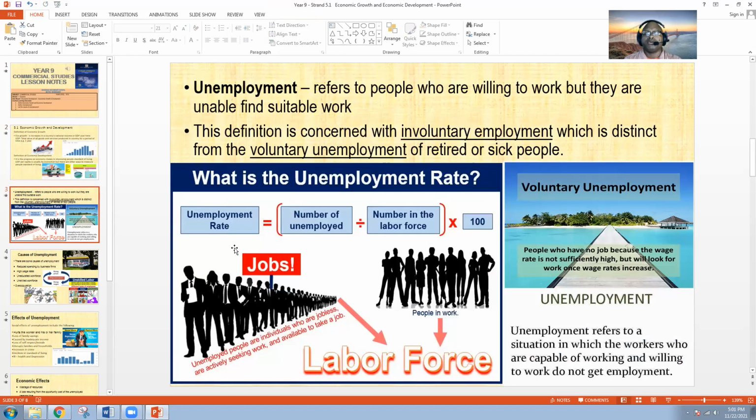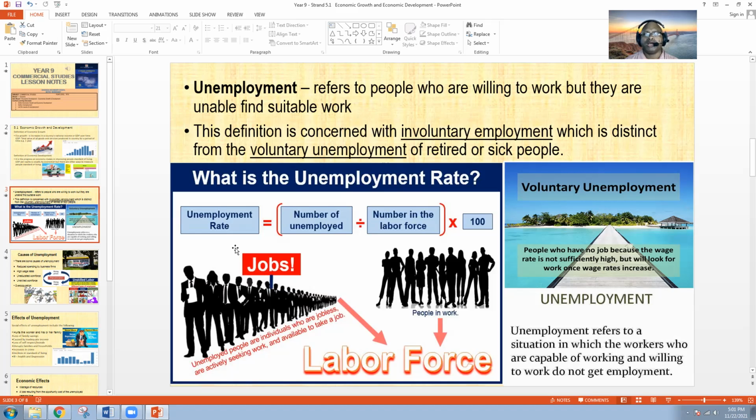is unemployment. Unemployment is one of the measurements of development, where people are having work and are able to satisfy their needs and wants through the production of goods and services. Unemployment refers to those people who are willing to work but unable to find a job, which is the definition of involuntary unemployment.